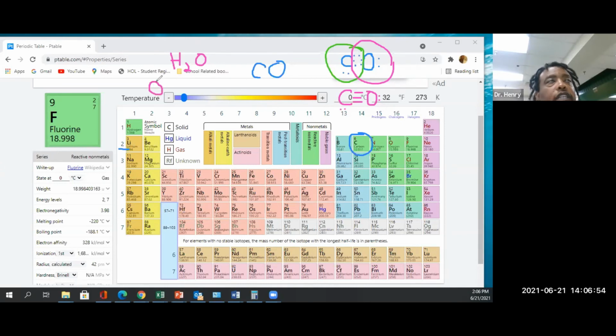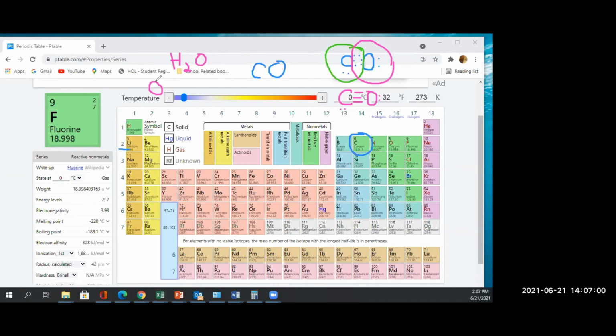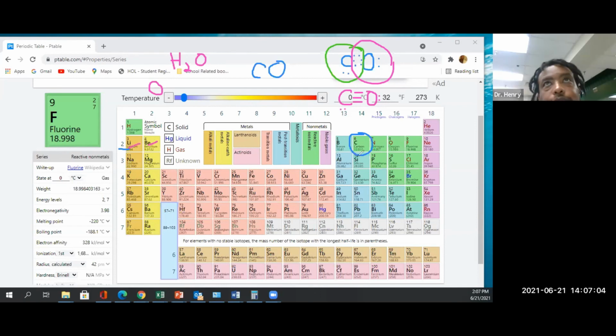Okay, how many valence electrons does oxygen have? 6. It has 6: 1, 2, 3, 4, 5, 6. How many valence electrons does hydrogen have? 1.